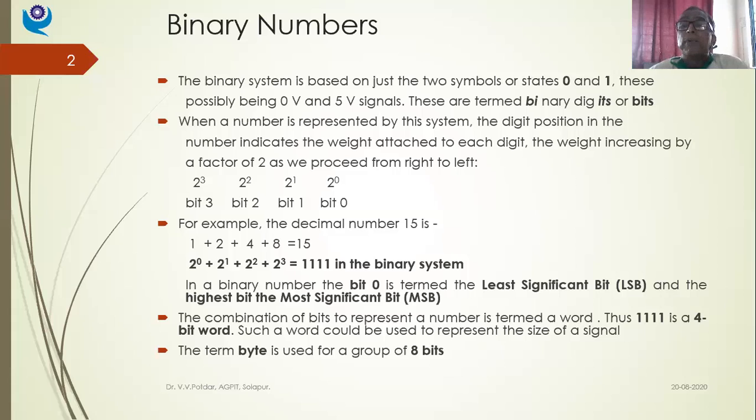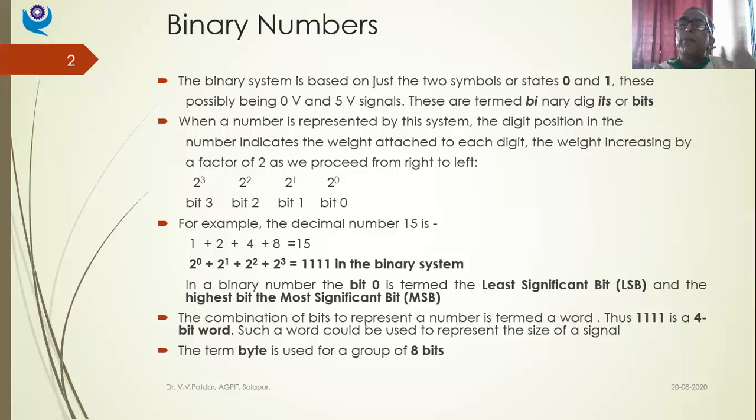In binary system, once again, I will be having representation of numbers in the form of zeros and ones only. Unlike in decimal, where we have 0 to 9 as the numbers used, here in binary system, I'll be using zeros and ones. And even in this binary number, whatever is the number, let us say 1010, each digit has got some weighted value, like my decimal number.